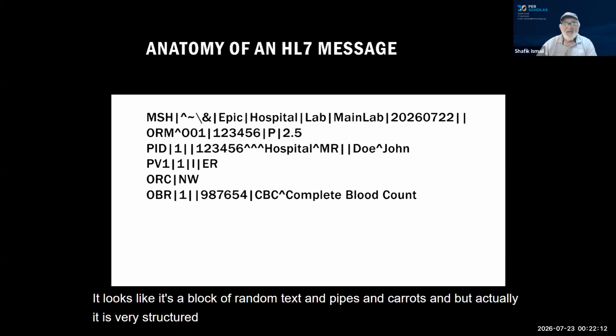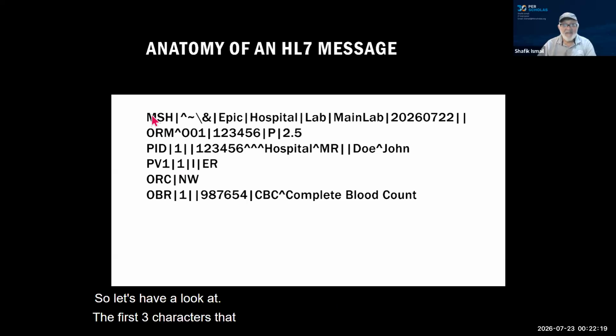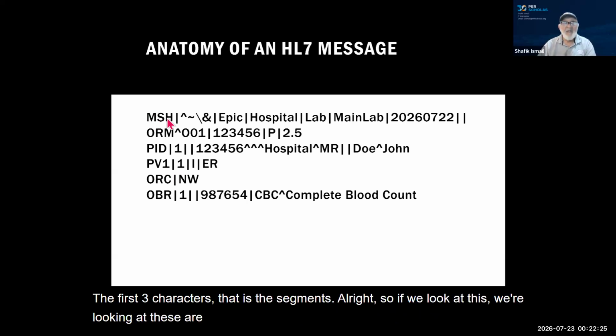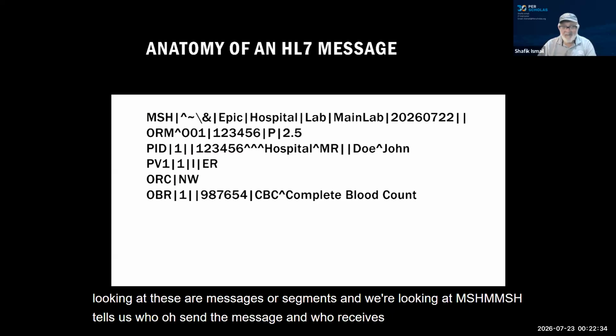Let's have a look at the first three characters. Those are the segments. We're looking at MSH, and MSH tells us who sent the message, who receives it, and the timestamp.